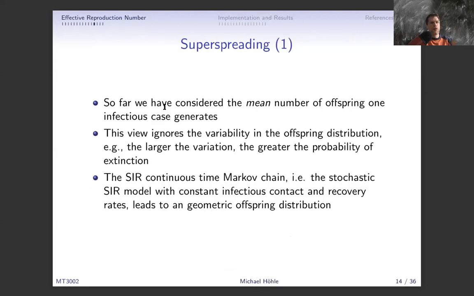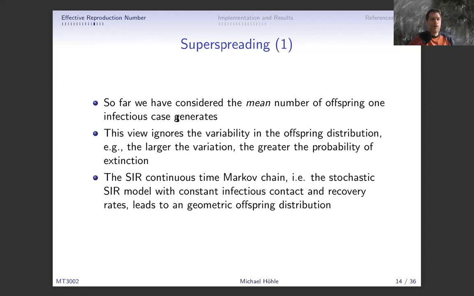Okay, so far we talked a lot about the average or the mean number of offspring one infectious case generates, and I would just want to highlight at this point, and we're not going to go into a lot of detail, something which again has come up with COVID-19, and was especially relevant for SARS, the SARS-CoV-1 virus, the 2002 to 2004 outbreak.